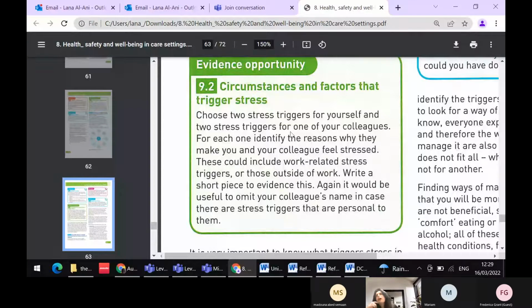So for me, I can say things that might trigger stress in my workplace. Could be that one of my colleagues or more than one of my colleagues are ill in the same day, maybe ill for a longer period of time, like a week, and then I have to take care of more people.